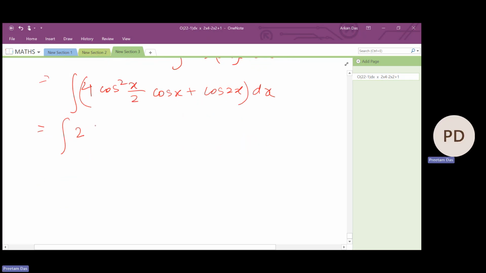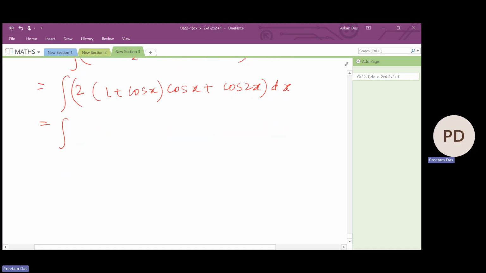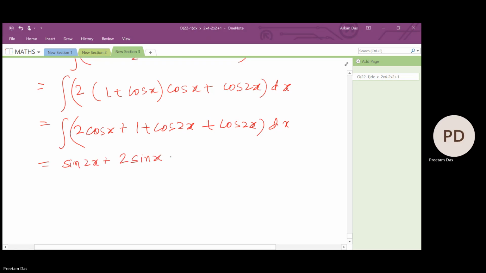Take 1 2 common. We will write it as 1 plus cos x, times cos x, plus cos 2x dx. Again, another time you have to simplify this. So this will reduce to this. Integrate this and you will get sine 2x plus 2 sine x plus x plus c. So option C.